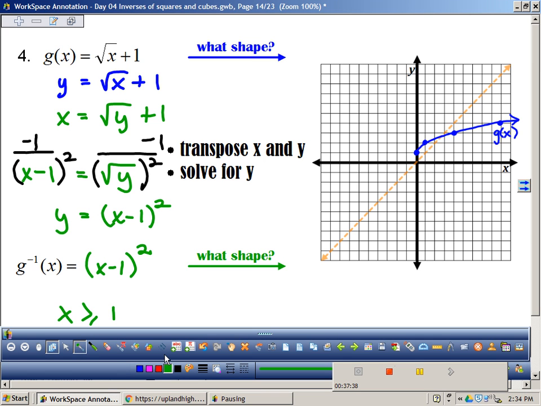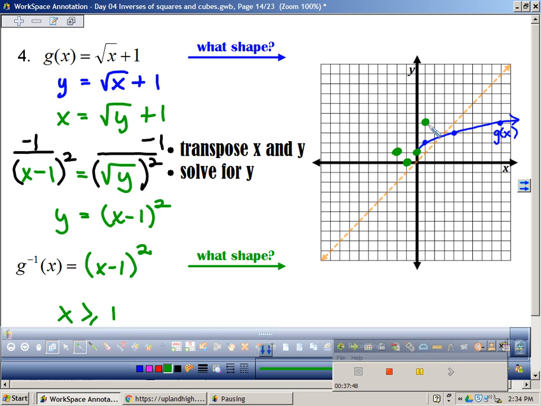Because when I graph this, going over to graph, I'm shifting over 1. I go over 1, up 1. I don't need to go over, I'll do it just in case. Then over 2, 1, 2, 3, 4. Graphing, graphing. Do you guys see? I can't have both sides of that, right? Because my original didn't have 2 sides.